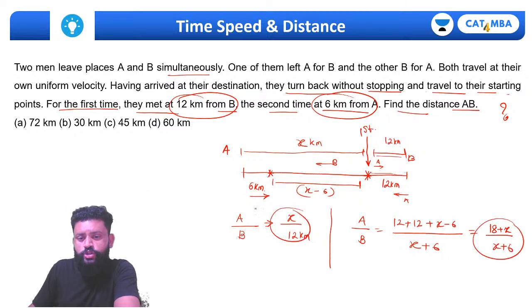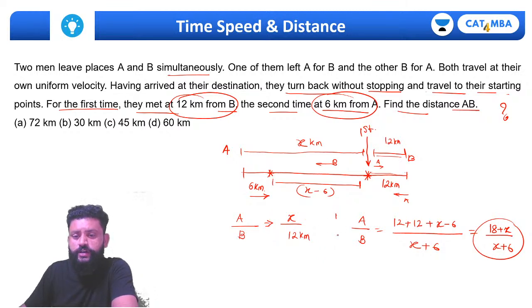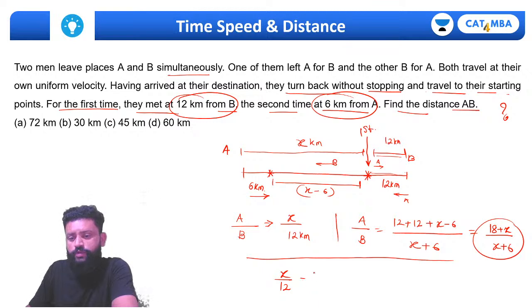So the ratio of the distance will remain the same. These two ratios will remain the same. So what we can compare is x upon 12 must be equal to 18 plus x divided by x plus 6.